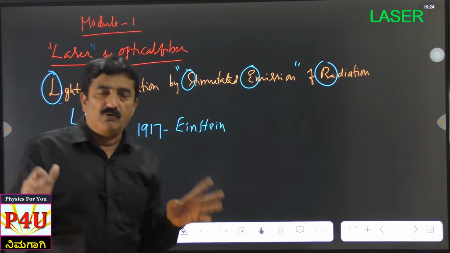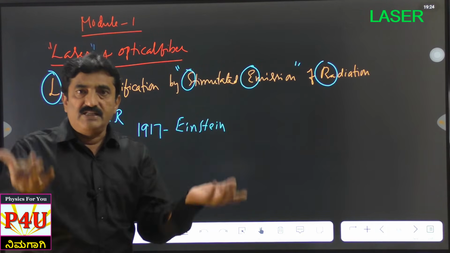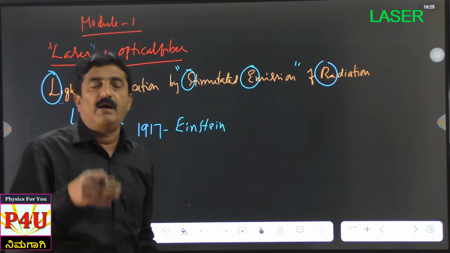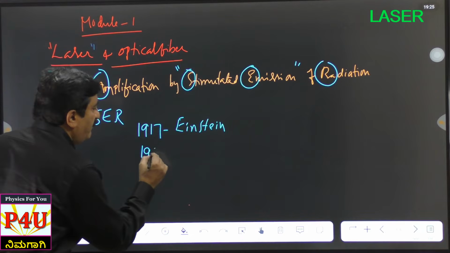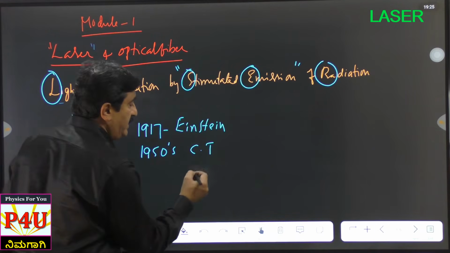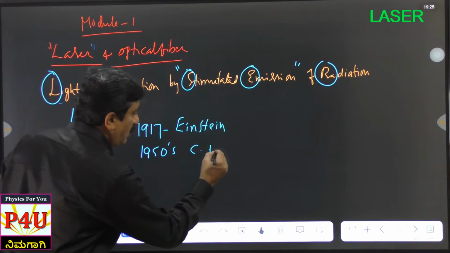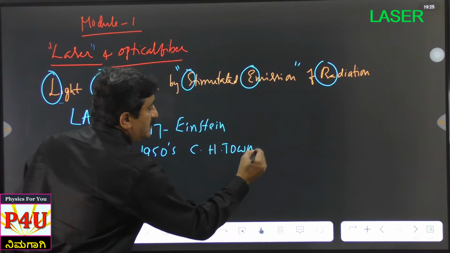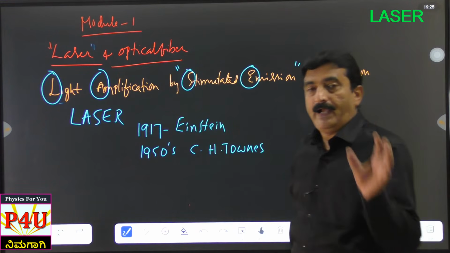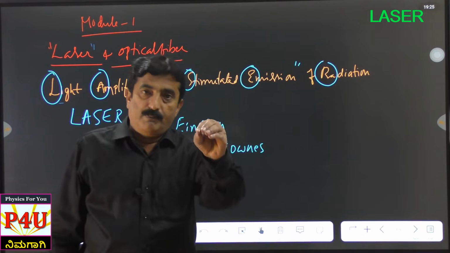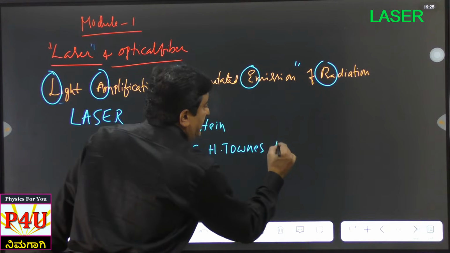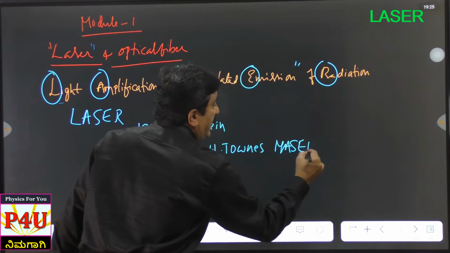Okay, after the Second World War was over, after everything settled down and things became normal and life started moving as per the routine activities, that was in the 1950s, maybe 51, 52. One scientist by name C.H. Townes reconsidered the concept of stimulated emission and extended it to designing a particular device, and came out with a setup called Maser, M-A-S-E-R.